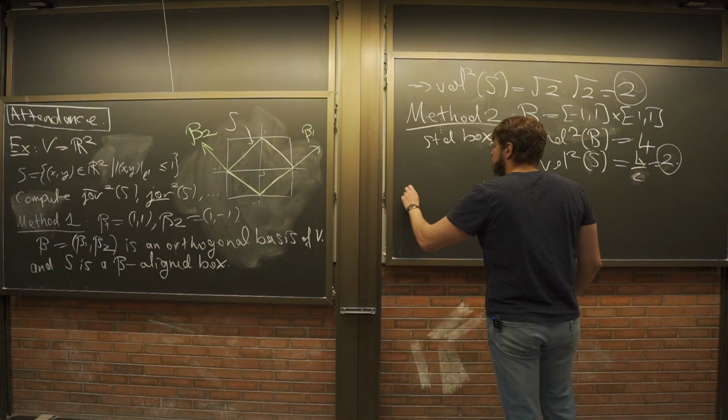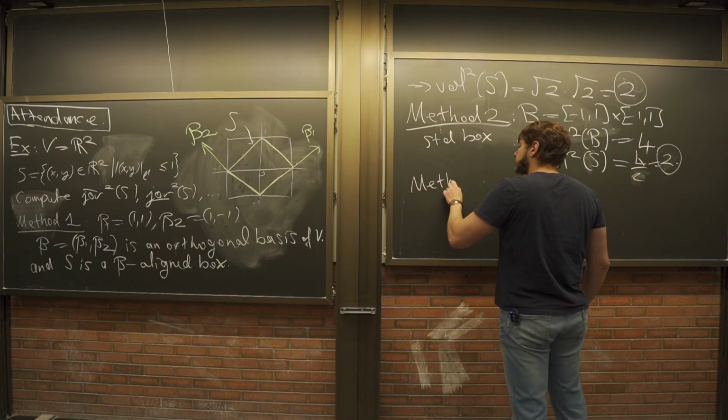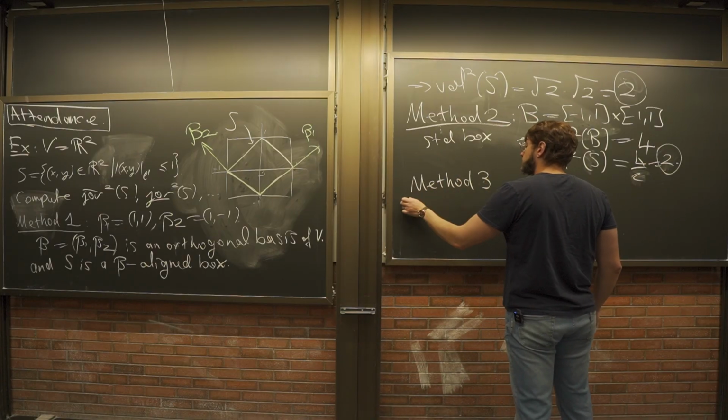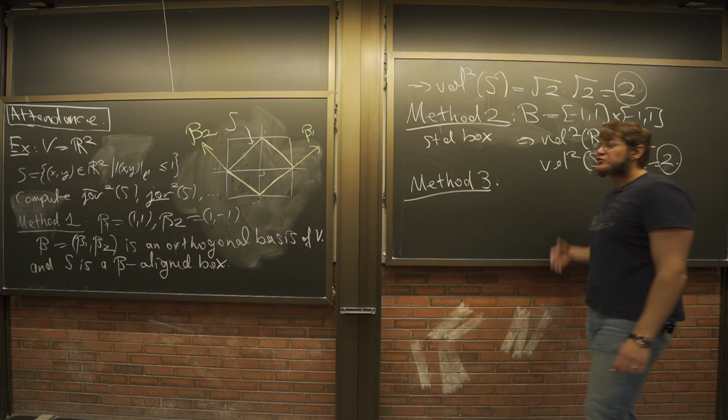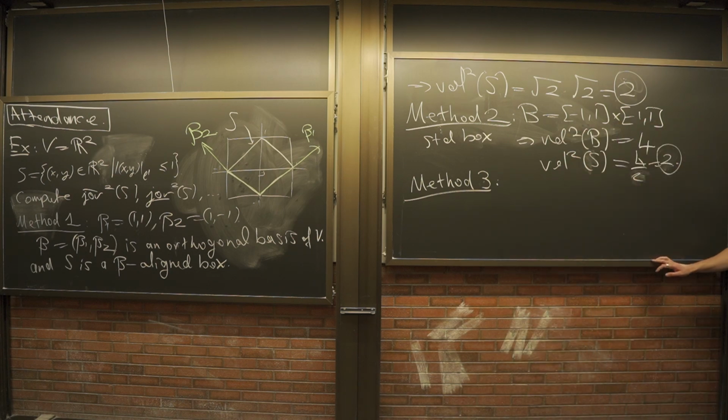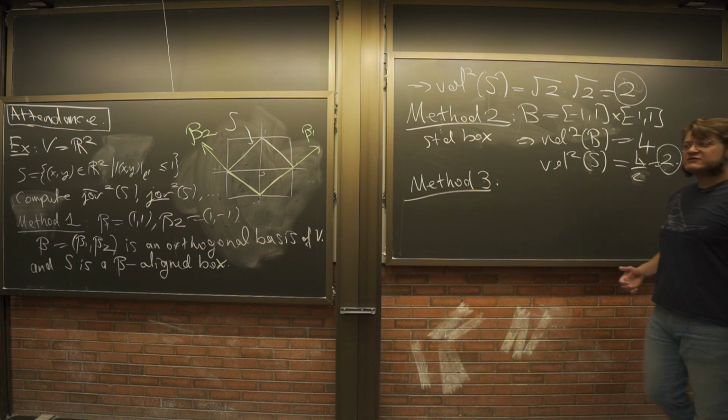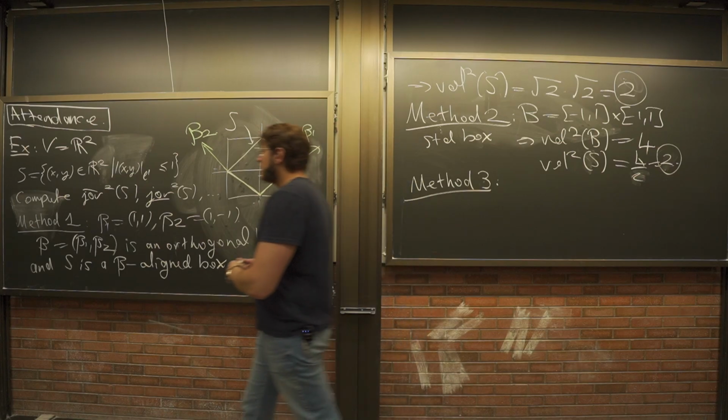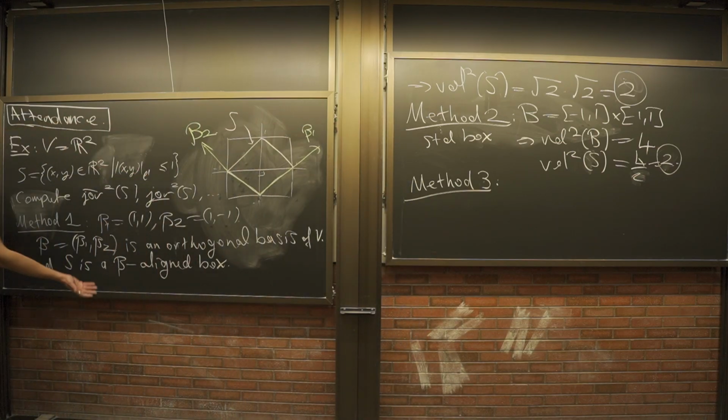So method 3. Of course, in this case, going through the definitions is kind of overkill because you can compute it using much simpler methods. But I think it's still a good idea to unpack these definitions and see how things work.